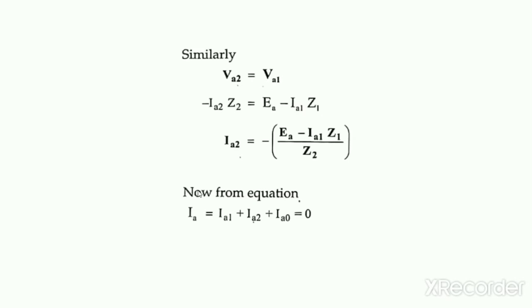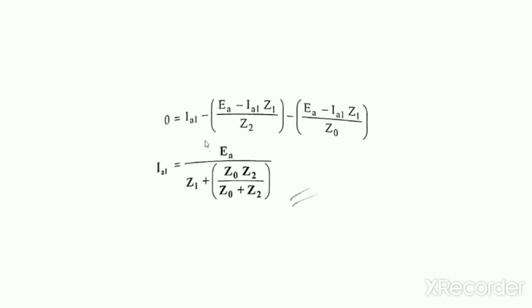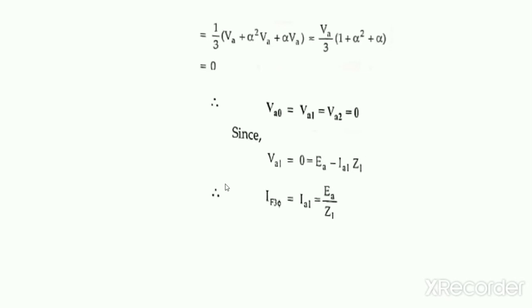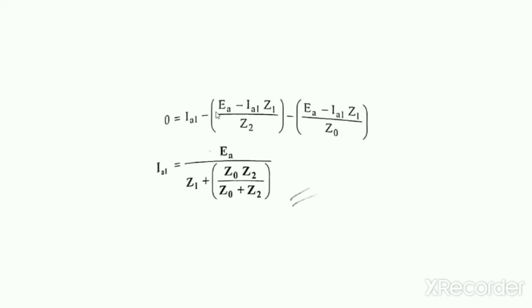Next, from this equation, IA is equal to IA0 plus IA1 plus IA2. That will be equal to 0. Okay, therefore, we are substituting the IA0, IA1 and IA2 values in this equation.